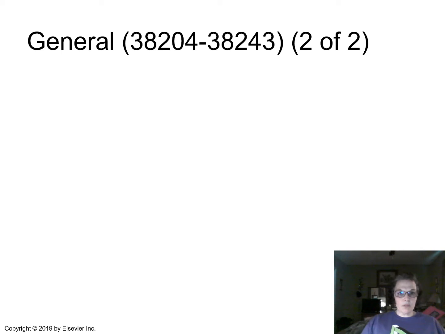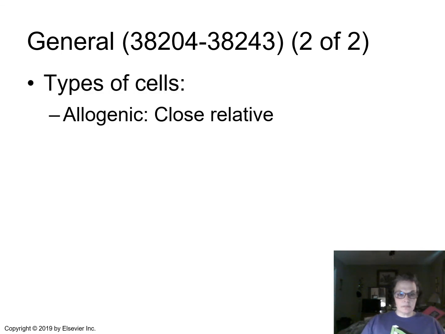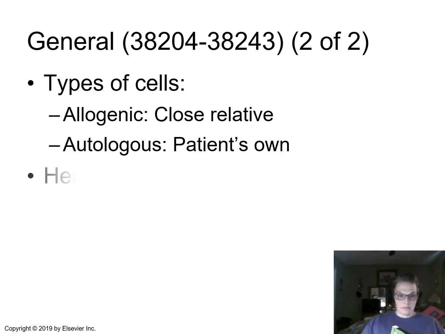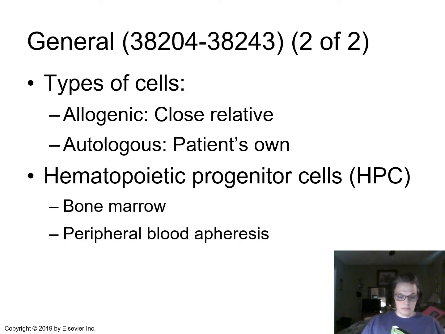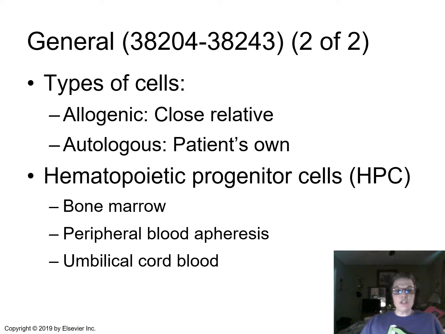We're going to talk some more about general. Autologous is your patient's own cells. I skipped allogenic, I'm sorry, guys. Allogenic is a close relative.